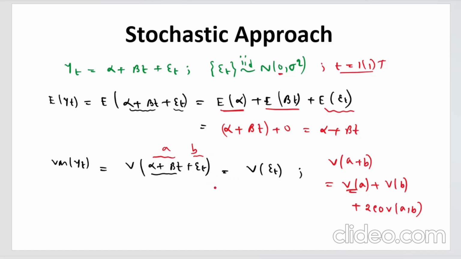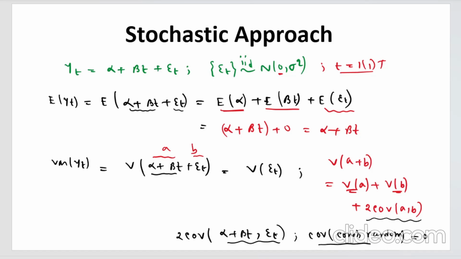Now the variance of a is 0, the variance of this constant part is 0. The variance of b we have written as the variance of epsilon t, plus 2 covariance of ab. So here, a is alpha plus beta t and b is only epsilon t. So this part is also 0 from the property that the covariance of any constant term and any random term is 0, right?